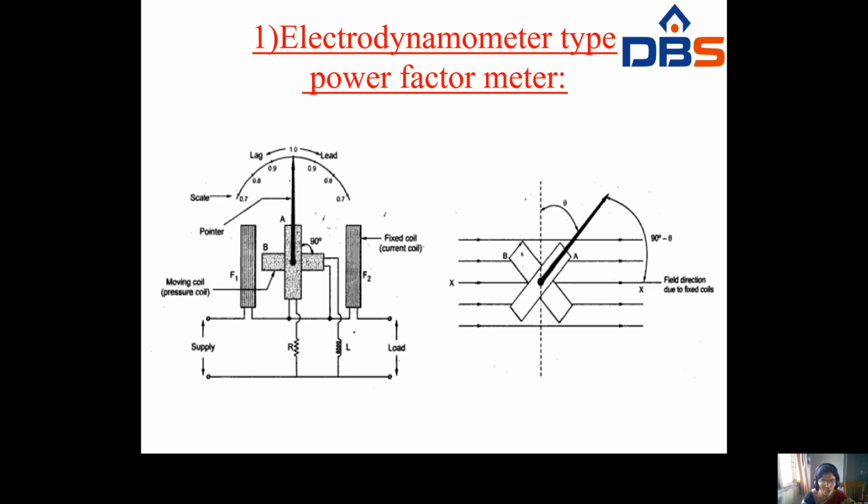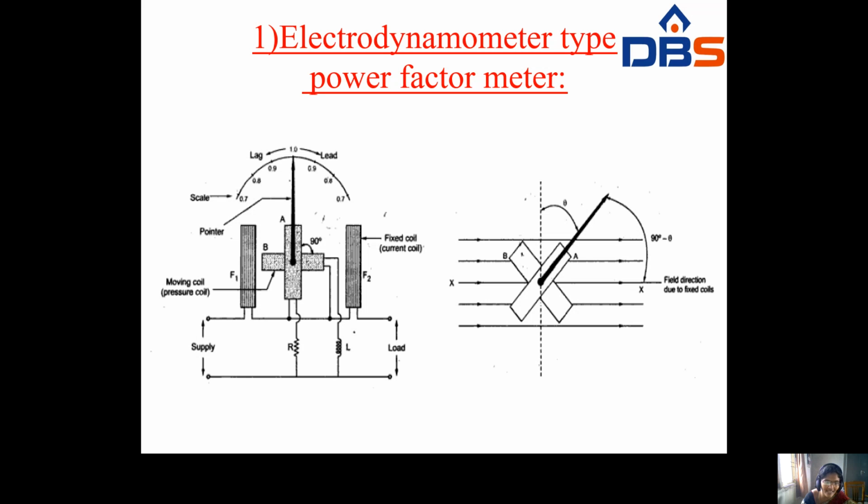This is the construction of the electrodynamometer type power factor meter. It has two coils, a pressure coil and a current coil, and here we use two magnets, A and B. Here you connect a pointer, and this is a scale. We have to measure unity power factor, lagging power factor and leading power factor.